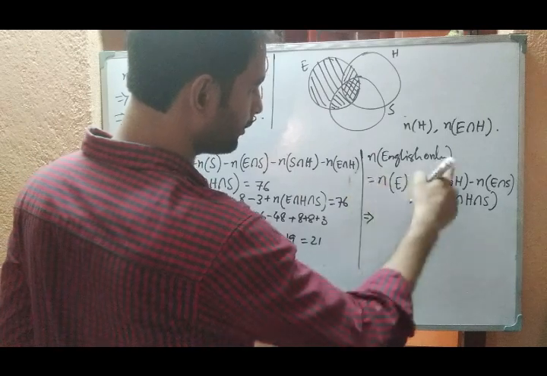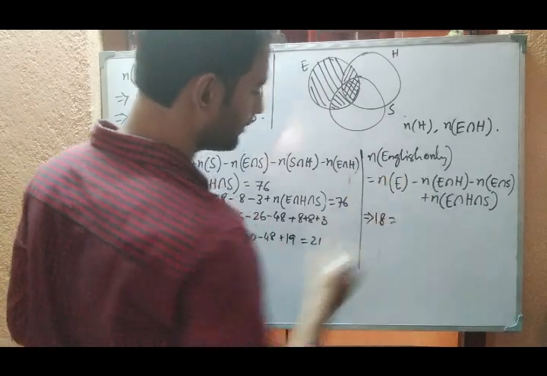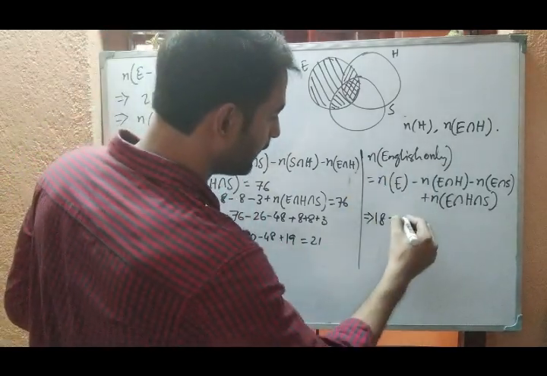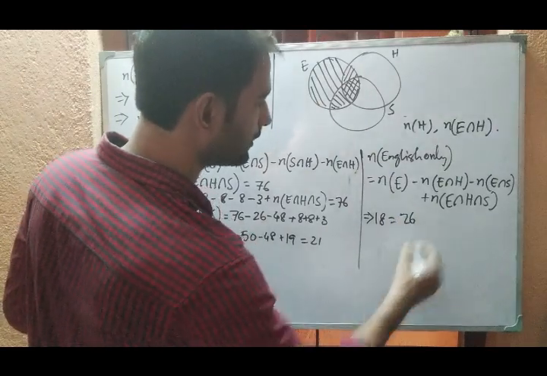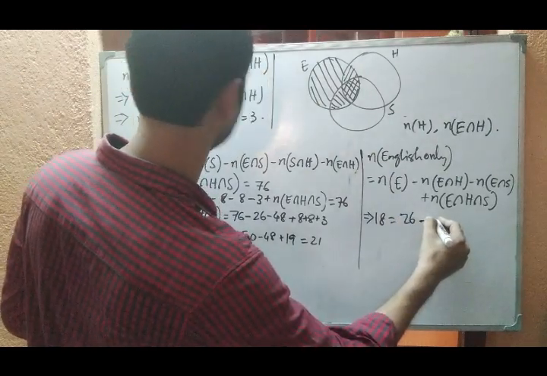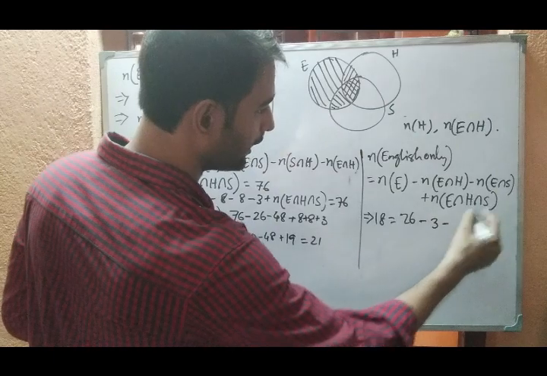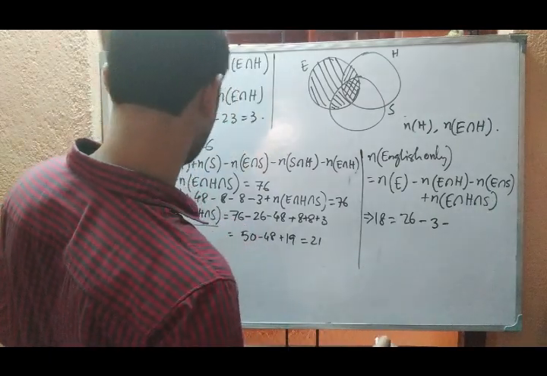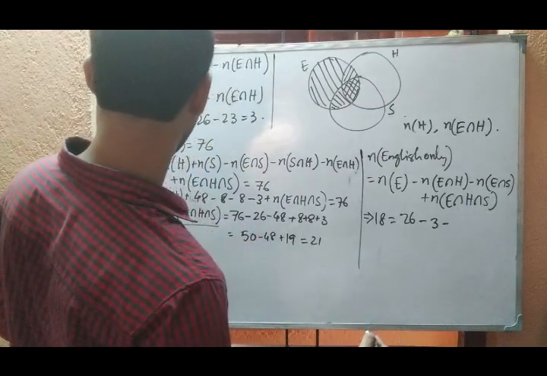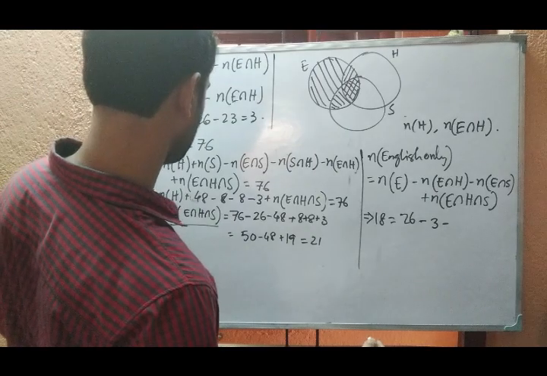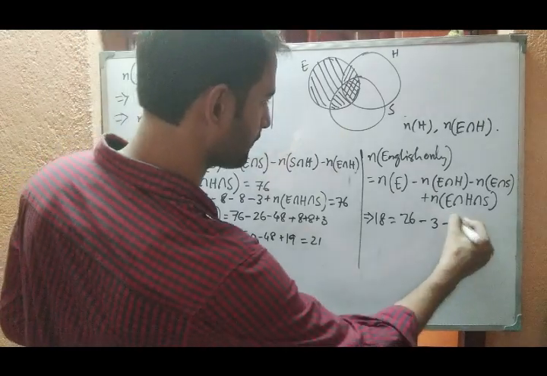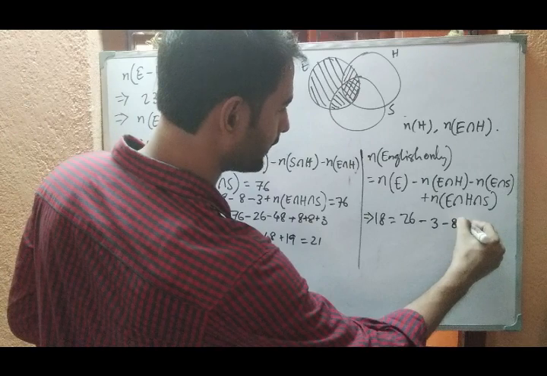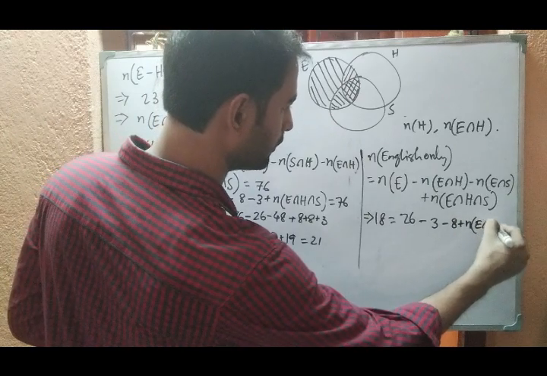So the English only is given and it is 18. Then n of E is 26. N of E intersection H we have found to be 3. N of E intersection S is given and the value was 8. And finally the intersection of all.